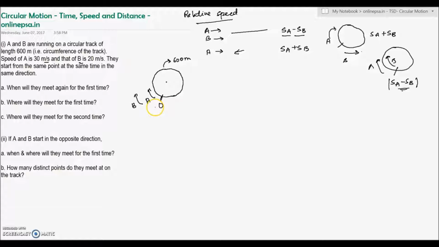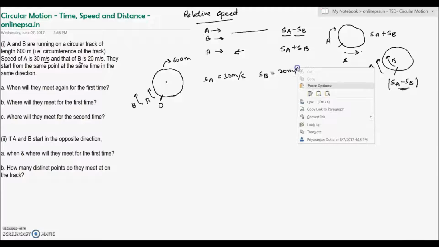A's speed is 30 meter per second and B's speed is 20 meter per second. When will they meet again for the first time? So they start from this point O. As you can see, A has the speed of 30 meter per second and B has the speed of 20 meter per second.